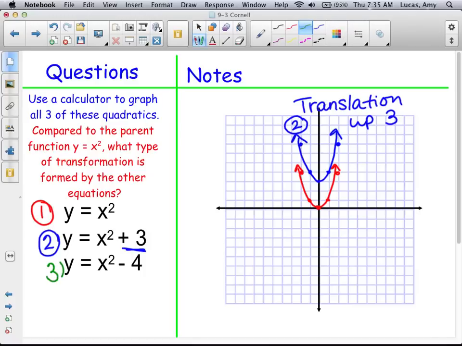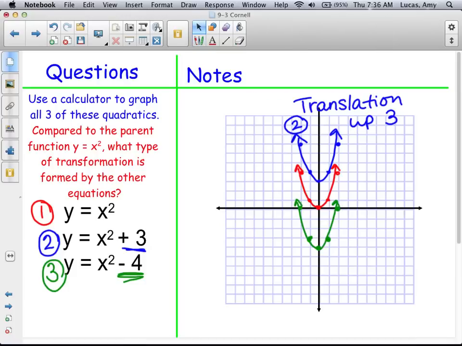My next quadratic, the effect of the -4 then, is to slide the parabola down 4. So each of these points slides down 4. Again, the quadratic does not change size and shape. It simply slides to a different location on our coordinate plane.